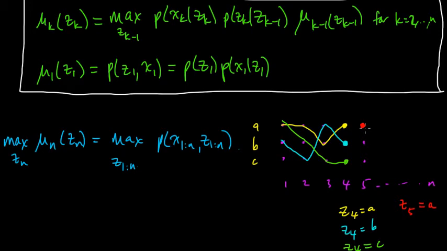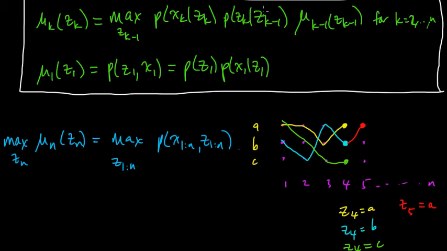Well, this path has to go through one of these. It has to have some z4, the best path. And what these equations are saying is that for the path which maximizes this quantity here, we only have to take into account the additional probability of this step from 4 to 5.